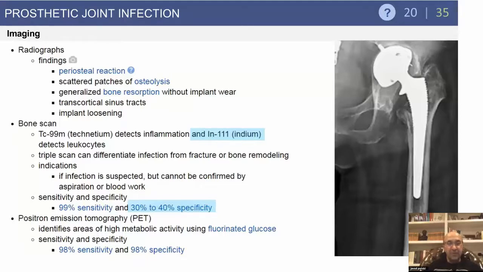Very unlikely to give you much data. Low sensitivity and specificity. And at this point, bone scan should be reserved for cases in which you have attempted 2 sets of aspiration and have not been able to obtain any fluid. PET scan, very useful, but not available widely, very expensive and cumbersome, and its sensitivity and specificity is no better than aspiration alone.